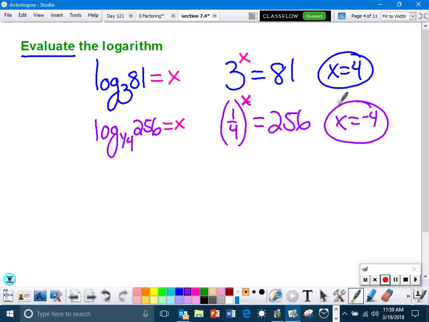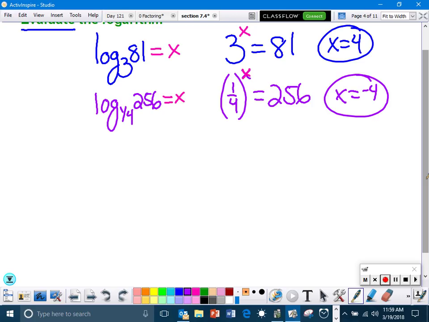Okay, let's look at a couple more. Log base 10, and I'm going to talk about log base 10 in a little more detail later. 0.001. Again, I'm going to set that equal to x, and I'm going to rewrite this.